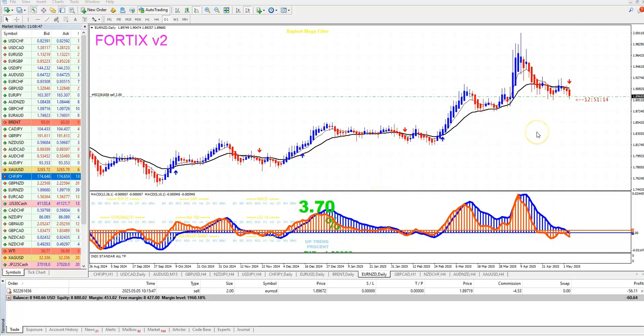We need the quick MA to cross down under the slow one, in the direction of the trade, of course, and the 2 MACDs going under the 0 line, with the red under the blue. This was in the first version.